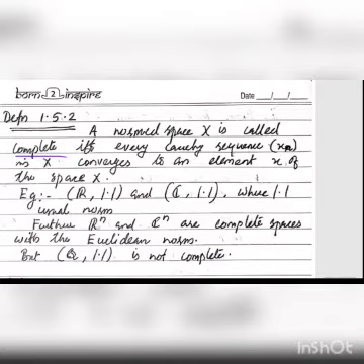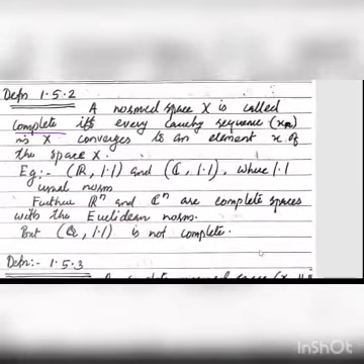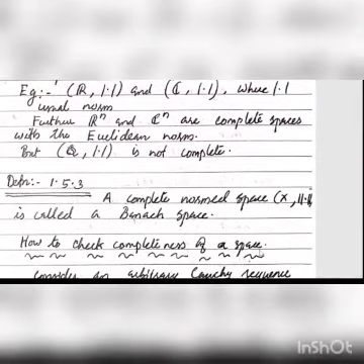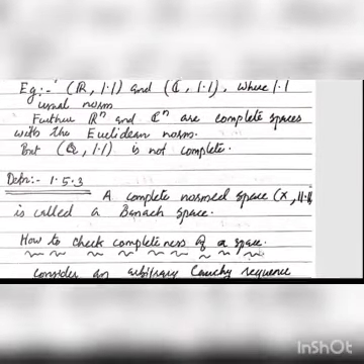Further, R^n and C^n are complete spaces with the Euclidean norm. But Q with the usual norm is not complete. This you have studied, so I am not going into the details of that.